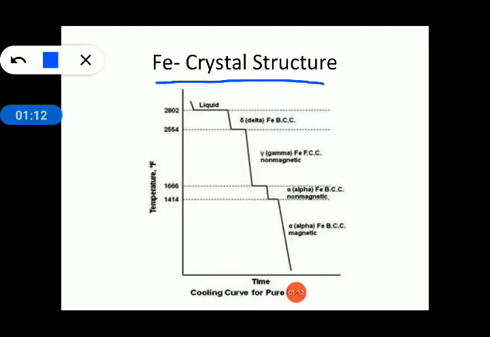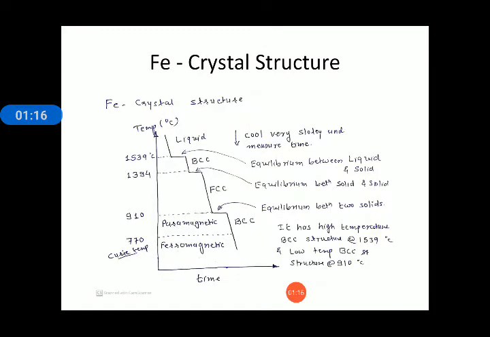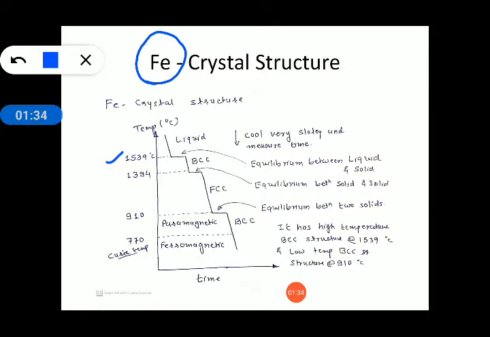The melting point of iron is 1539 degree centigrade. That is the melting point of pure iron, and this is the crystal structure of iron.